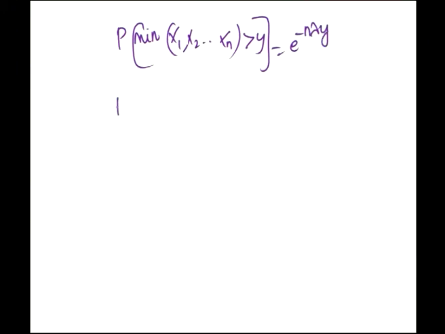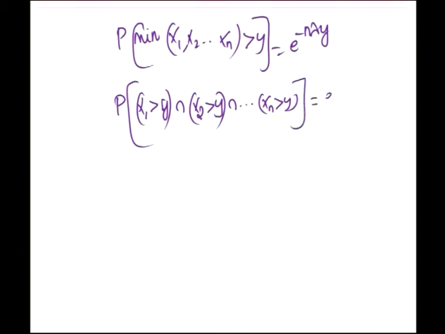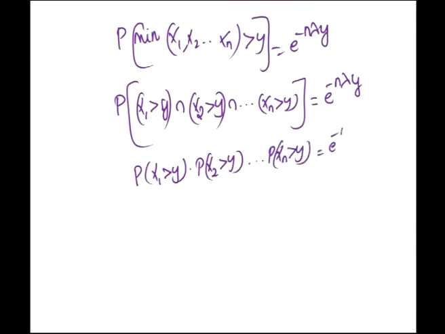It means to say that P(X1 > y ∩ X2 > y ∩ ... ∩ Xn > y) is equal to e^(-nλy). Because of the independence, P(X1 > y) P(X2 > y) etc. P(Xn > y) is equal to e^(-nλy).